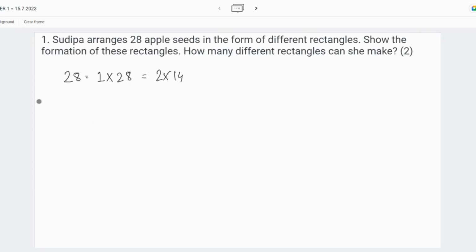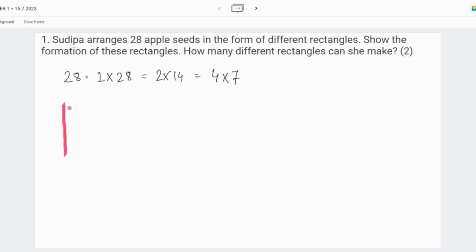In that case I can draw either 2 rows or 2 columns with 14 seeds in each of them. And I can also have 4 into 7. I can either have 4 columns or 4 rows.